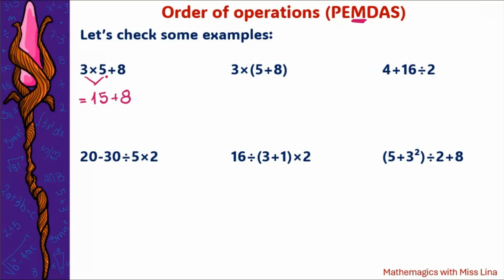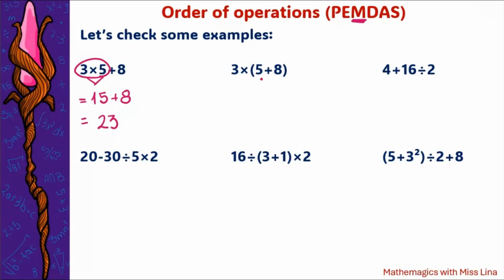Notice that since I did the multiplication first, I don't write the multiplication anymore. I write the result of the multiplication. So it becomes 15 plus 8, and then I can do the addition. 15 plus 8 is 23. So the result of this operation is 23.